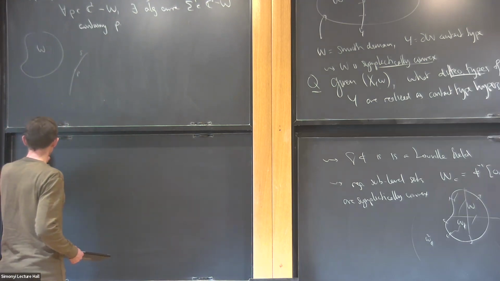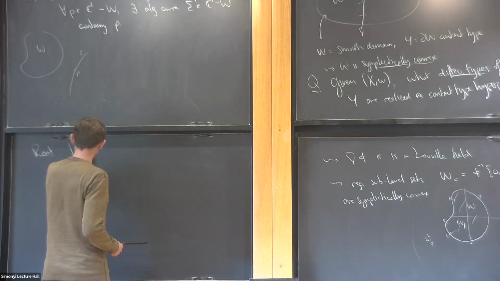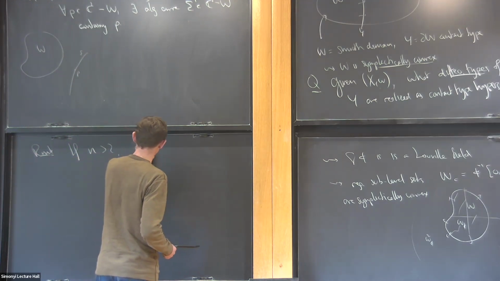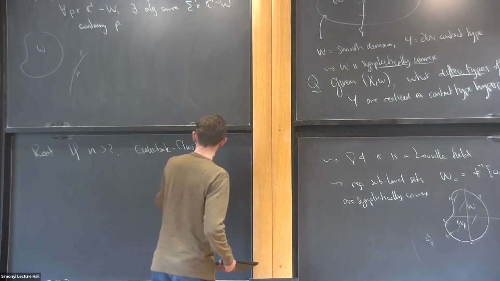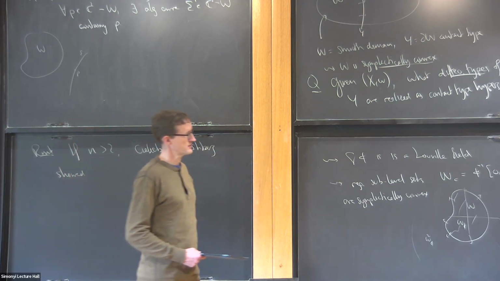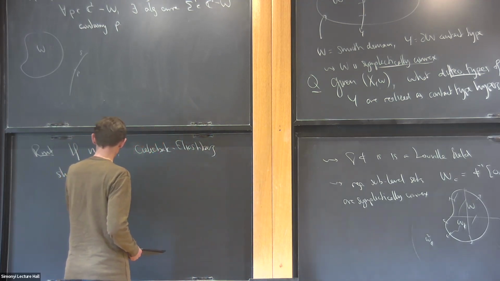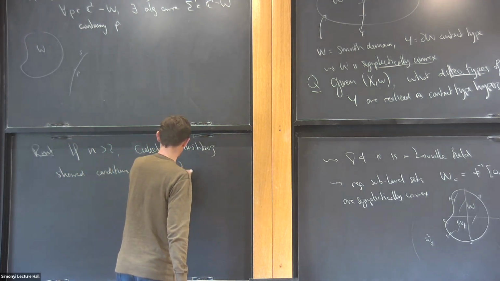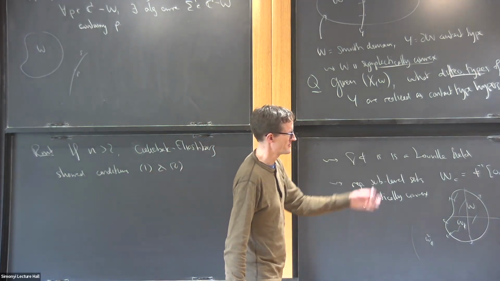So maybe one thing that's worth saying is that if you are in higher dimensions, n bigger than 2, then it's a work of Eliashberg and Cieliebak that the first two conditions there are actually equivalent. And therefore all three, because 3 is true in general.